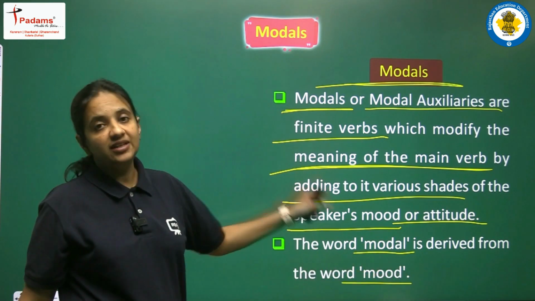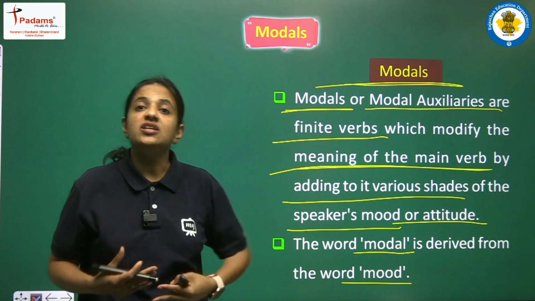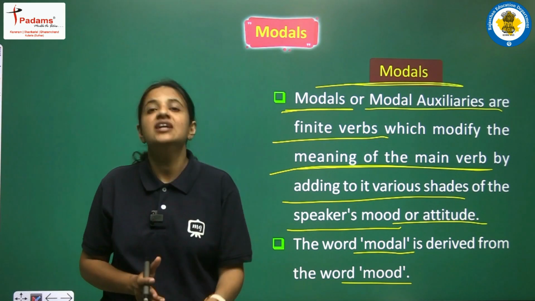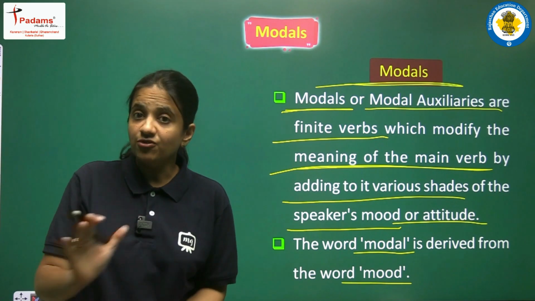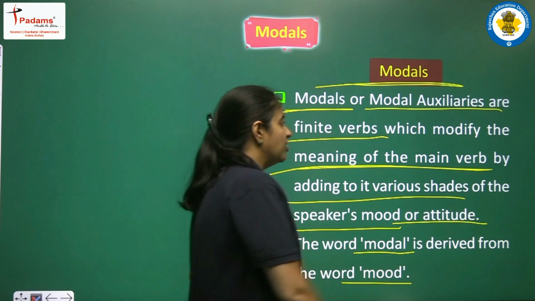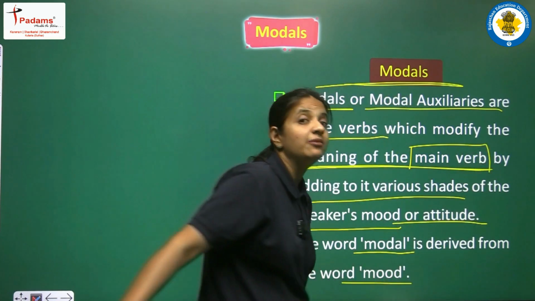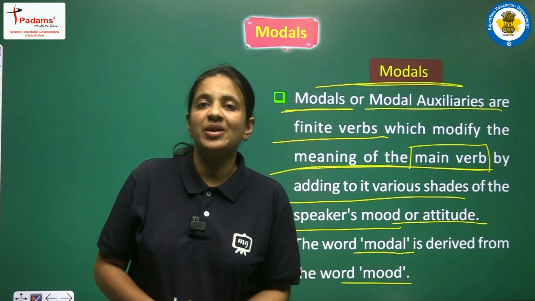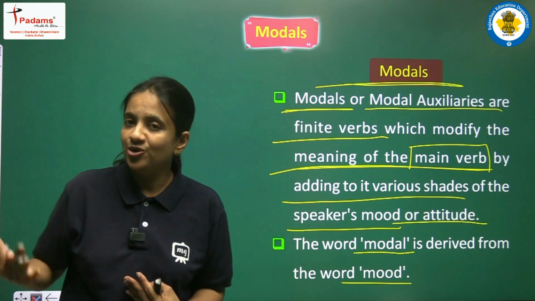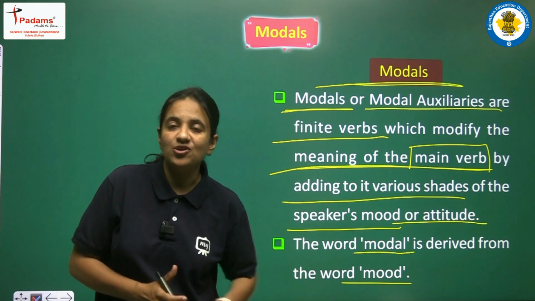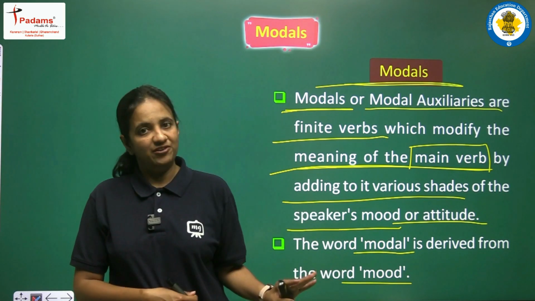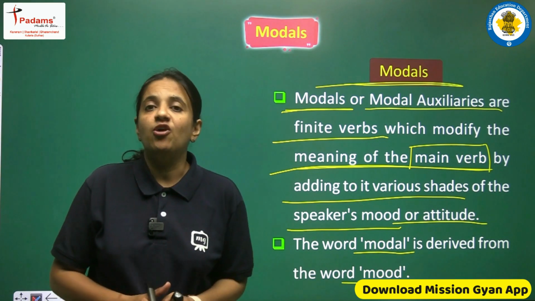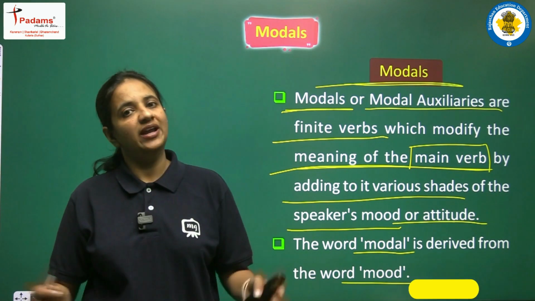So modals are the words that show the mood or attitude of the speaker, and because of this they can modify the meaning of the main verb. All main verbs have the same meaning, but because of the use of a modal, the meaning can be modified according to the mood or attitude of the speaker. Alright, so this is the basic definition, or basic introduction, of these words known as modals.